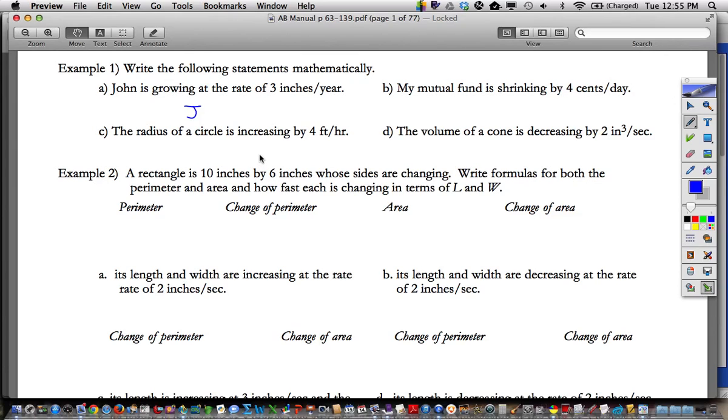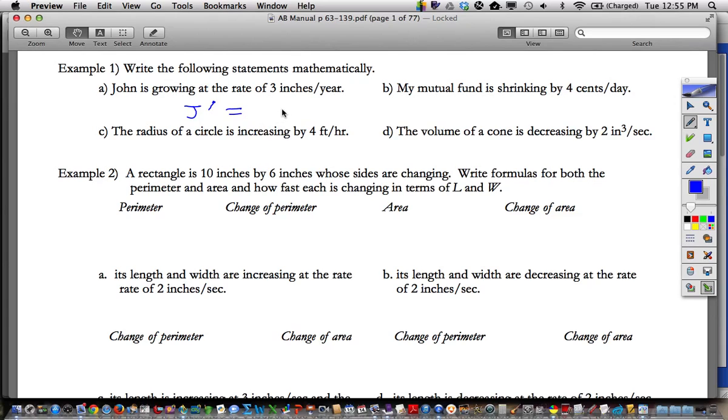He's right so far with the J. J prime, that's what I was looking for. Why J prime? Because it's a rate. It's the rate of change of John. Now some people might do H prime here for height or something, but J would be okay.